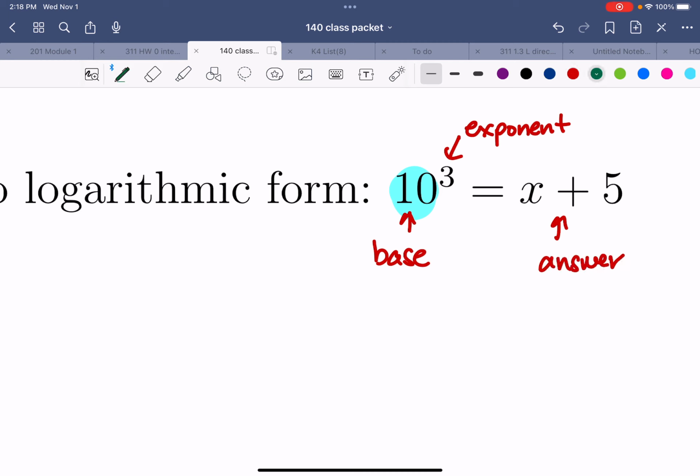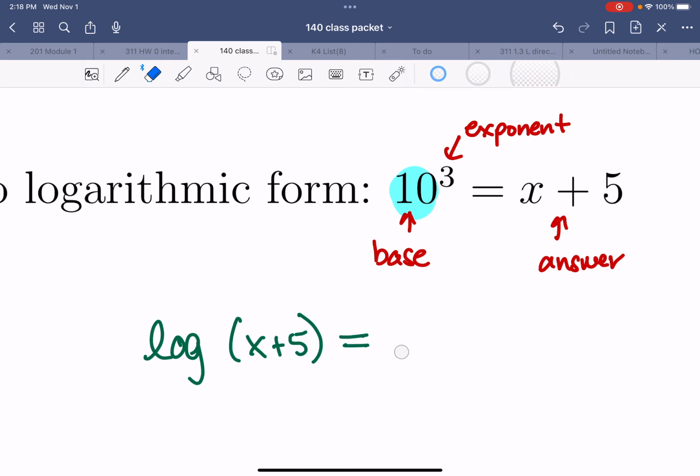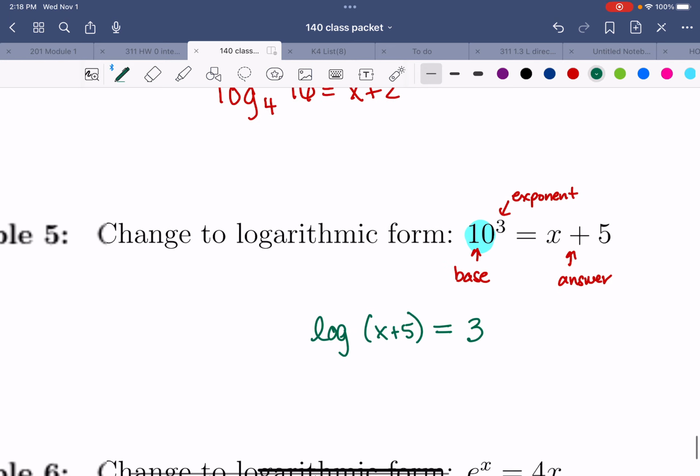So when I put this back into log form, I want log base 10. So you could write it, but you don't have to. Then next comes the answer. So that's the x plus 5. And more than one term there, so I'm going to go ahead and put it in parentheses. And that's equal to the exponent, which is 3. Okay, so we flip it around in that way.